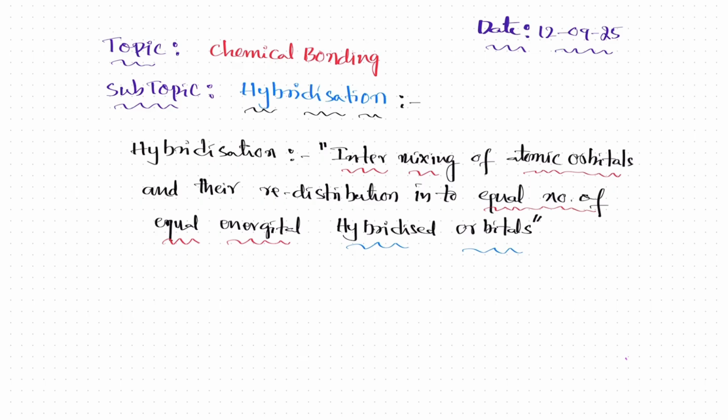All of you concentrate. First, we take a best example to understand what is hybridization. Clear, students? I take an example from animals. Here, donkey is there. Donkey, right? And we have here horse.